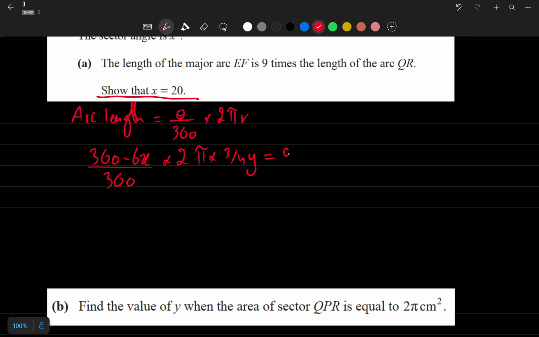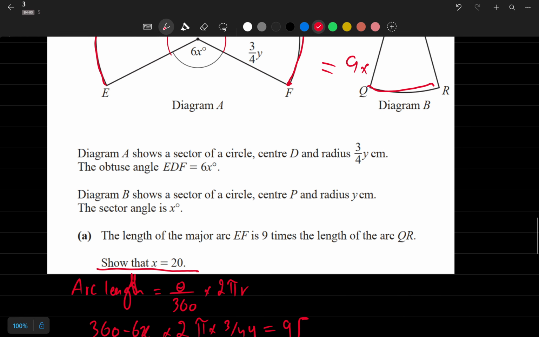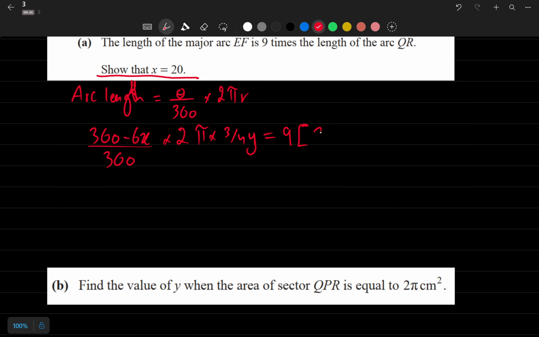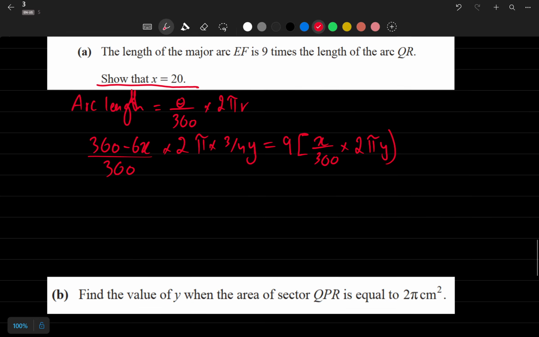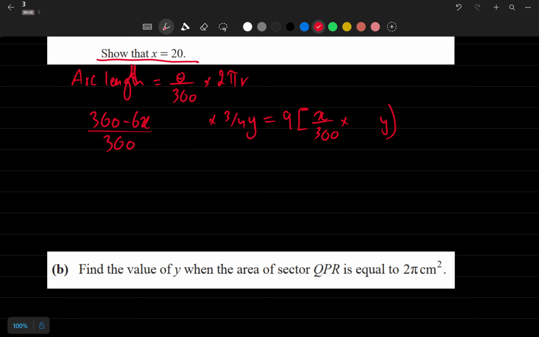Now this is equal to 9 times the arc length of diagram B, which is QR. So the angle is x, so x by 360 multiplied by 2 pi, and the radius is y. From here you can simply erase 2 pi from both sides, or not the 2, just the pi. You just took pi common from both sides, and pi is gone.